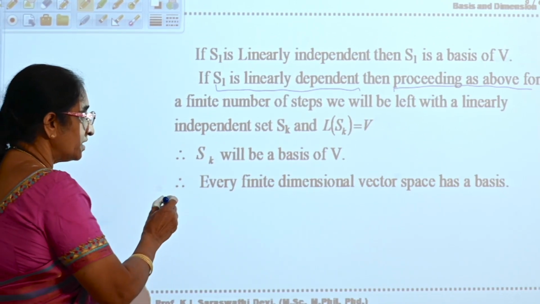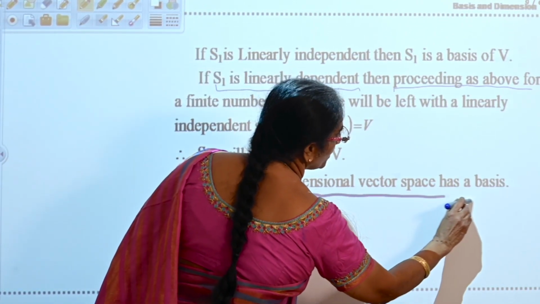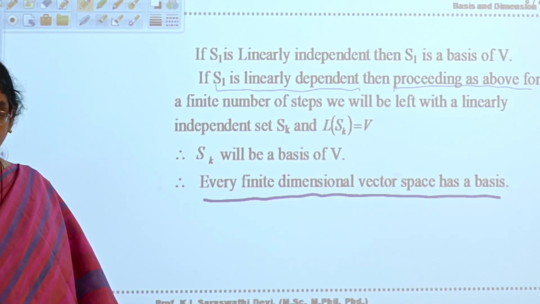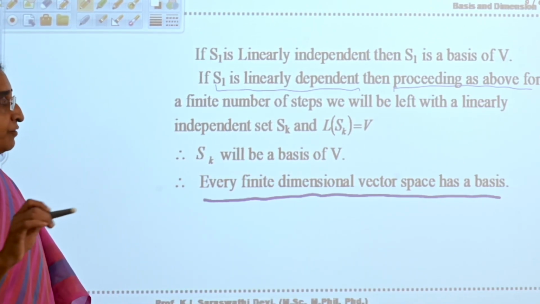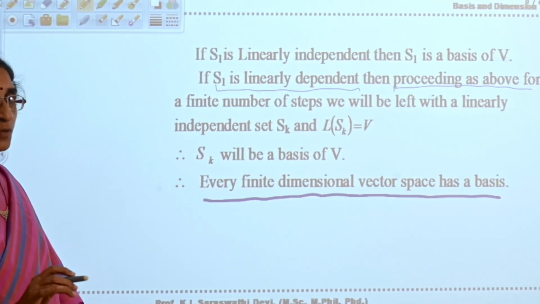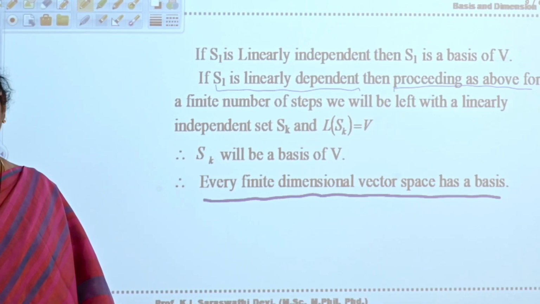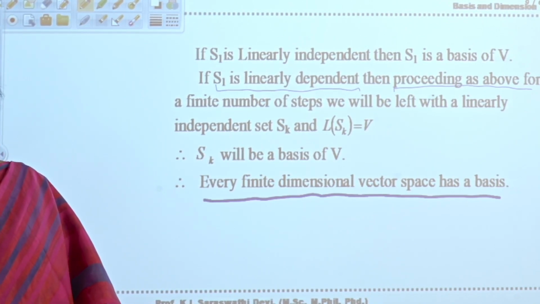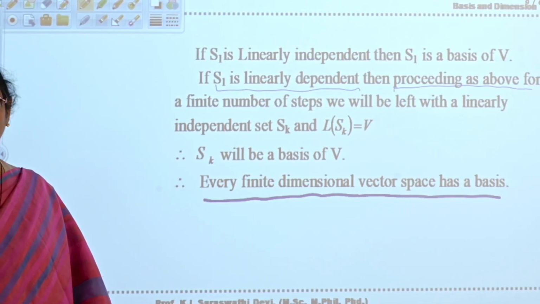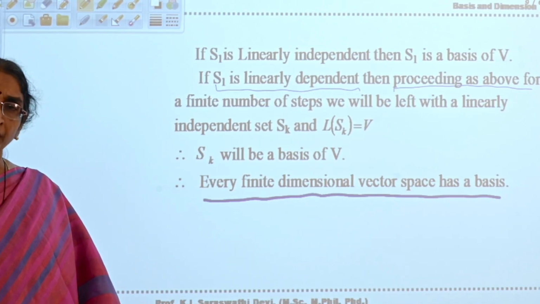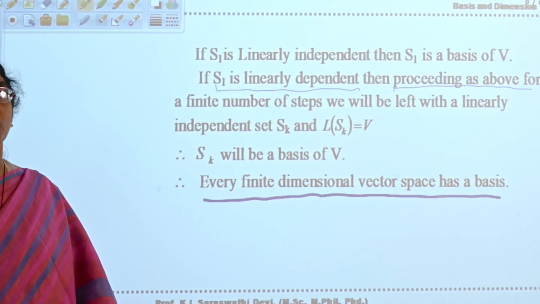Therefore, there exists a basis for every finite dimensional vector space. Is it clear? This is called the basis existence theorem. You may be asked to prove that every finite dimensional vector space has a basis, or to state and prove the basis existence theorem.